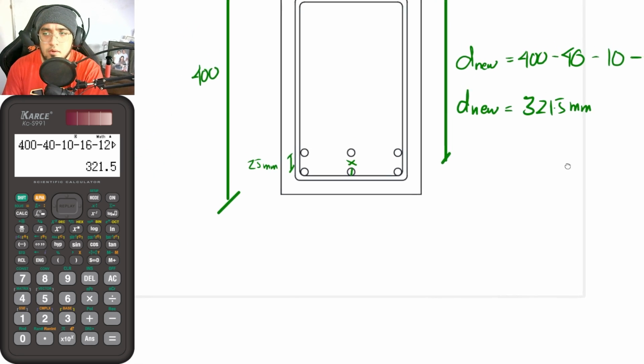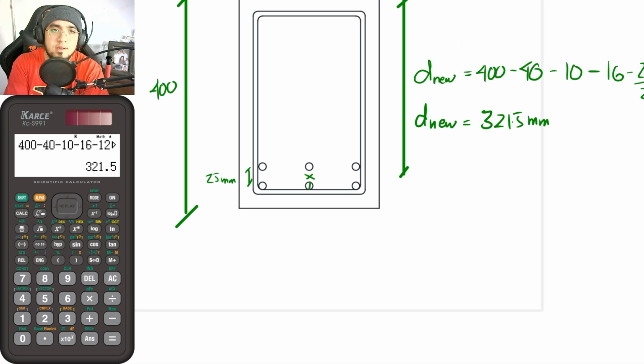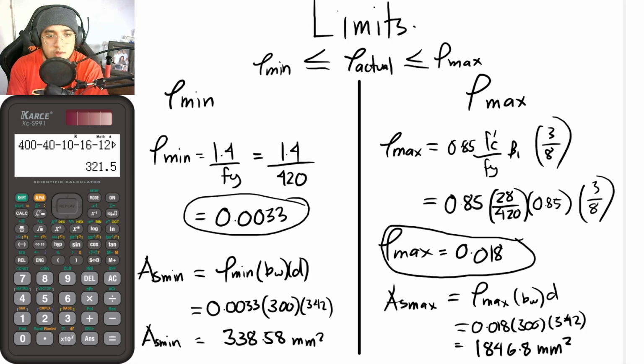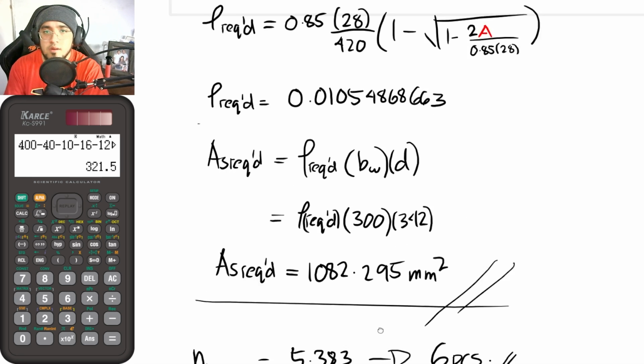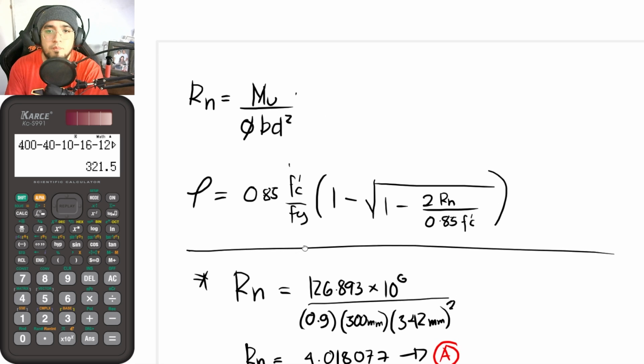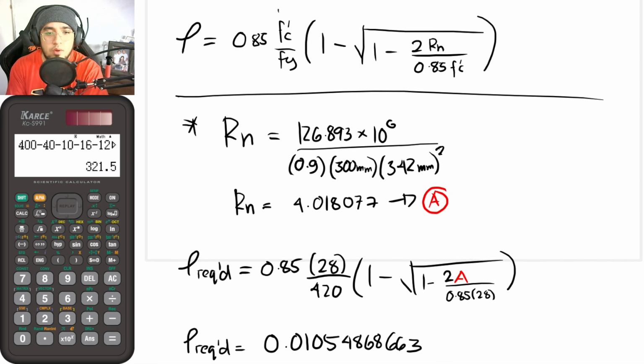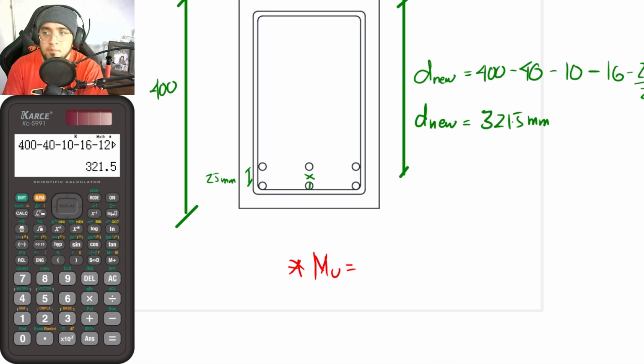Okay, so recap: what was our value for Mu once again? Our value of Mu is 128.893 kilonewton meter.